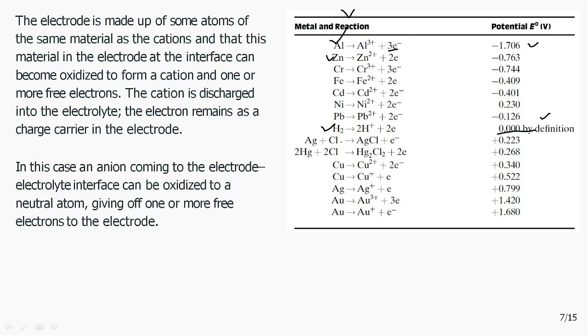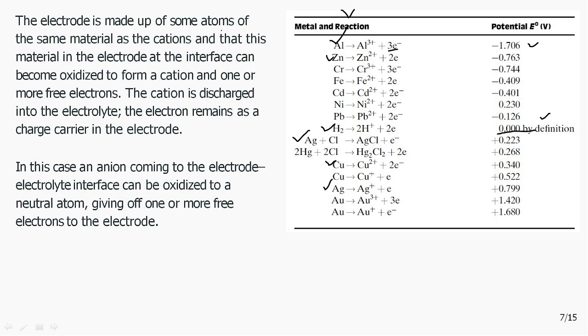Similarly, you have zinc, copper, then Ag plus Cl, which gives you plus 223, and silver gives you plus 799. So different electrode potentials have been shown.